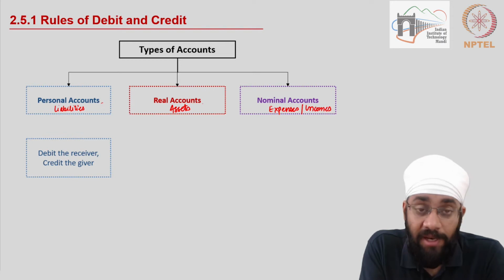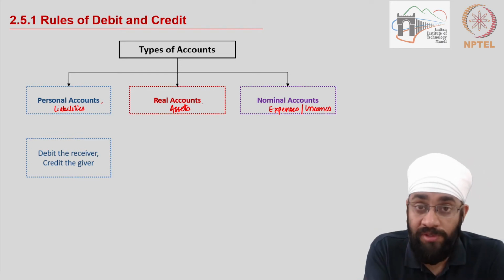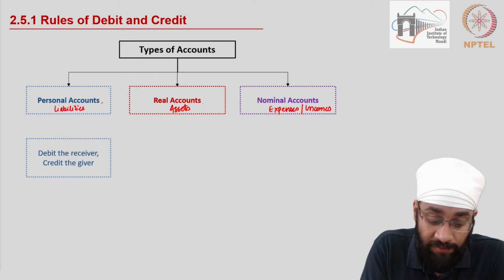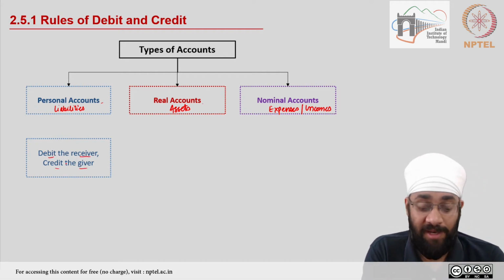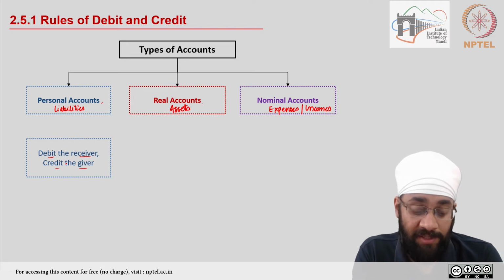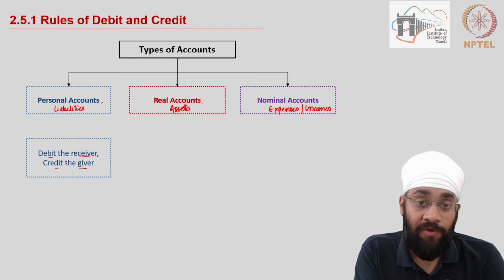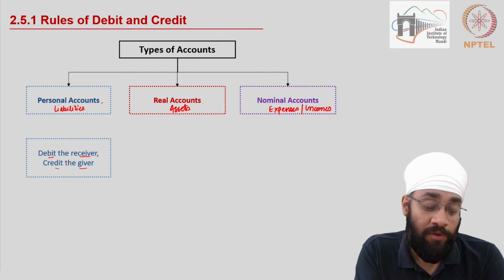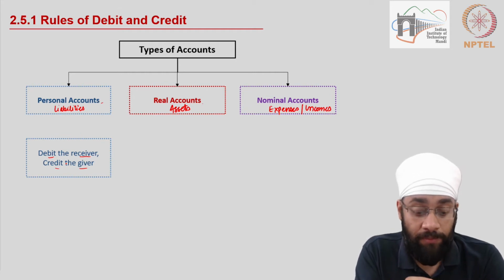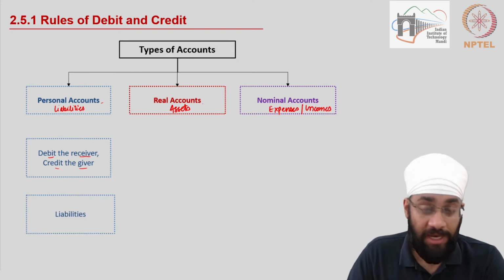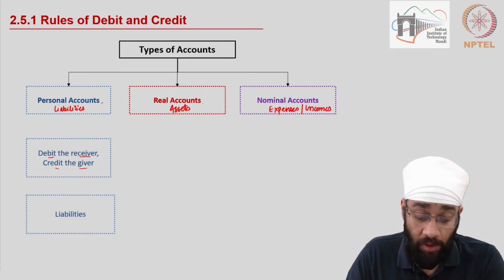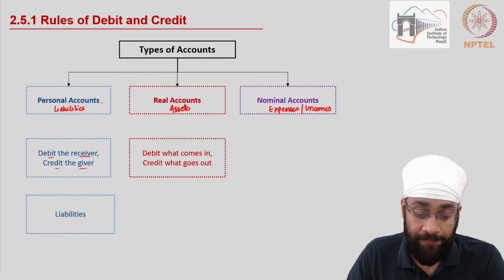Now if the person whose account is being written is a receiver, you give him a debit. If he's a giver, you give him a credit. Debit the receiver, credit the giver. This is the rule followed for accounts of personal nature. All the liabilities are personal accounts, and hence they will follow this rule: debit the receiver, credit the giver.